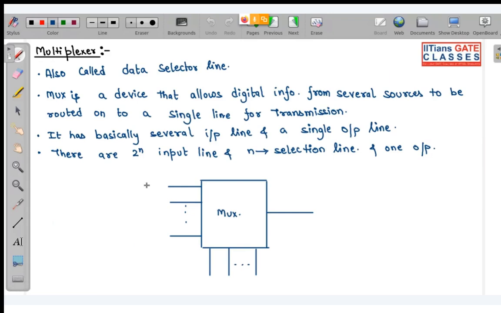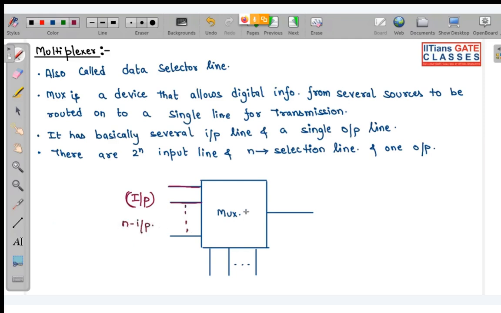So a multiplexer, you can think of it like a switch. Assume that over in this place I have inputs. These are my multiple inputs. Here I can see this is one input line, second input line. Like this, there can be n inputs.